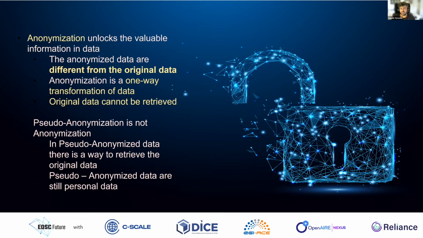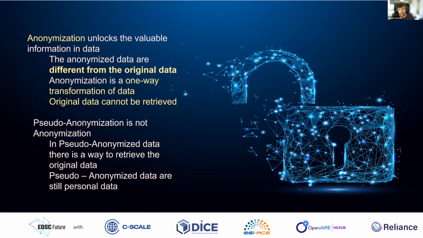The most obvious thing is, if you have a catalog, just to remove the names, leave the rest of the information, and put an arbitrary number. But these kinds of methods are reversible. There's no guarantee that we cannot go back to the original data. So in the terms of GDPR, these techniques result in protected but still personal data.